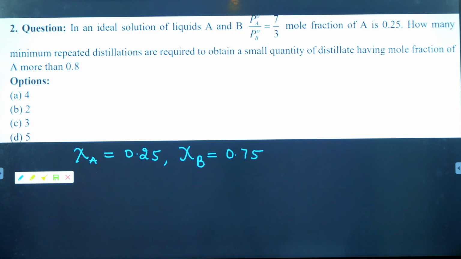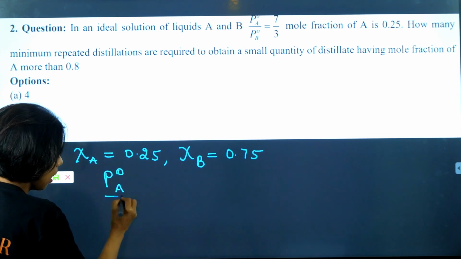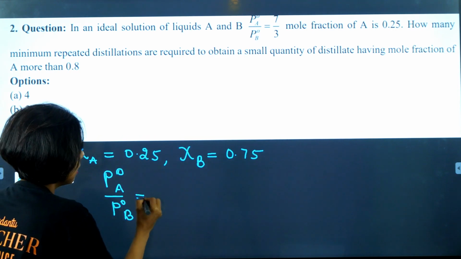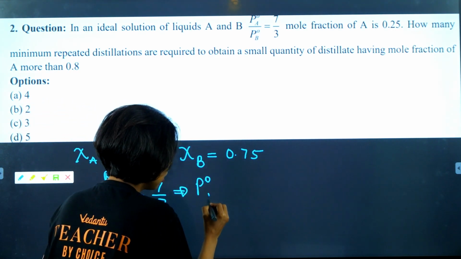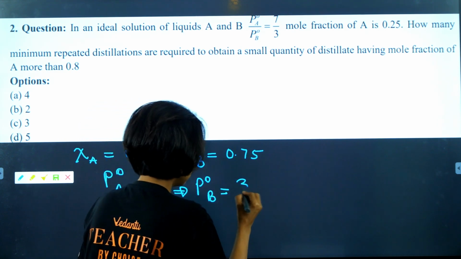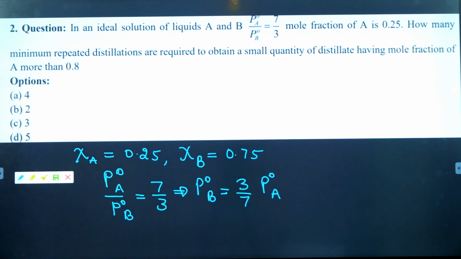This information is already given. What else is given to us? P naught A upon P naught B is 7/3. That means P naught B is 3/7 times P naught A. Right, guys? This is what it is.